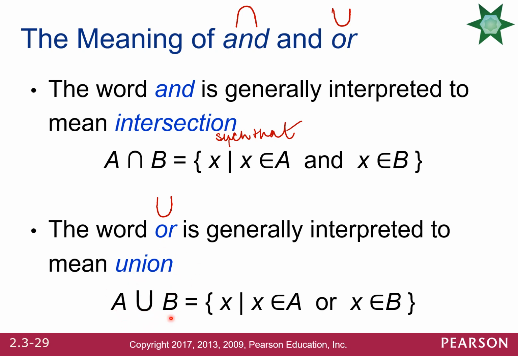A union B is equal to x such that, again, the vertical line means "such that", x belongs to A or x belongs to B. So that means you have to include elements from A as well as the elements from B. You cannot exclude any of the elements.